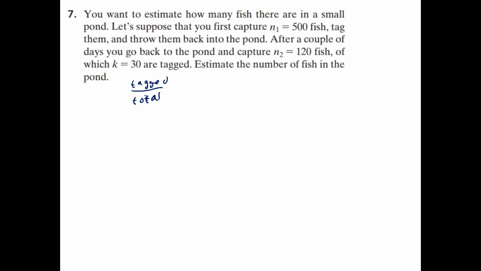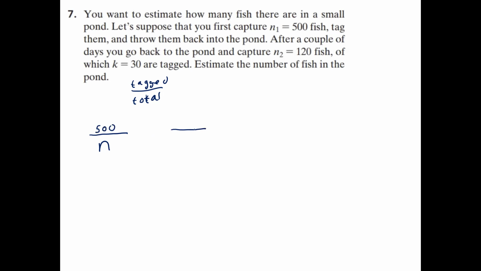And what we're going to assume is that if it's a good sample, then the ratio should be about the same. So for the entire population, we don't know how many there are, so we will call that P or N. I think your book used the variable N. The name of the letter makes absolutely no difference. But we know exactly how many there are tagged in the entire population because we tagged 500 of them.